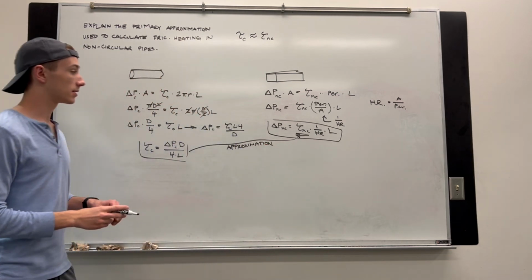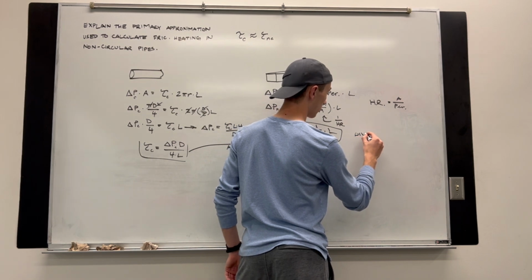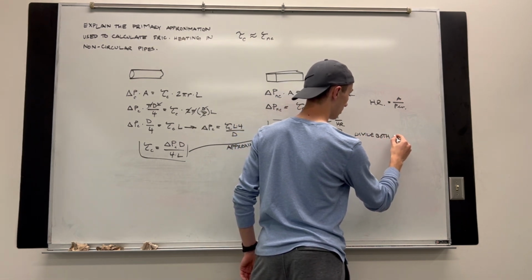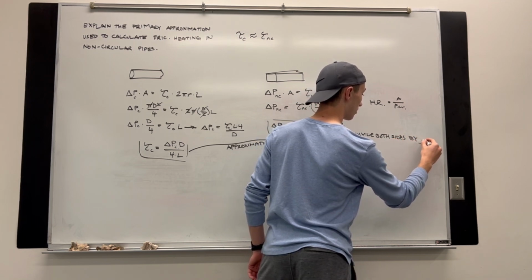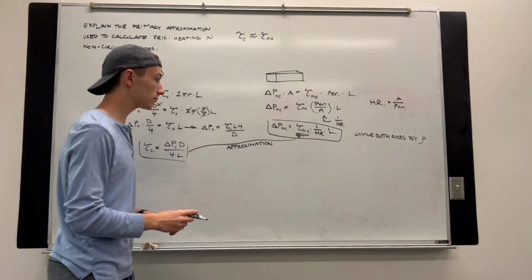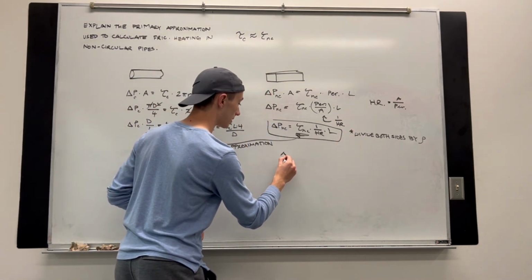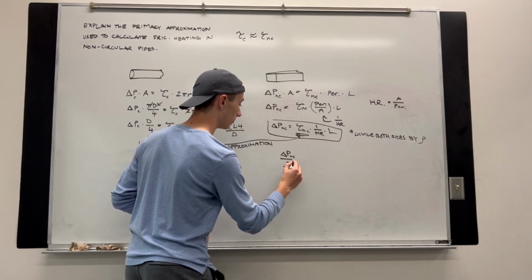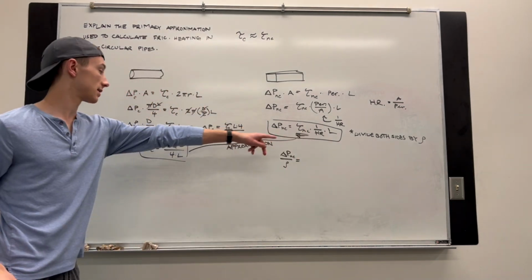Okay, so if we divide both sides by rho, I'm going to write that as a note here, divide both sides by rho, we get the following. Delta P non-circular over rho is equal to, now here's where the approximation comes in.